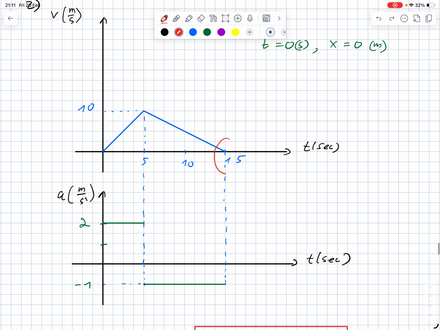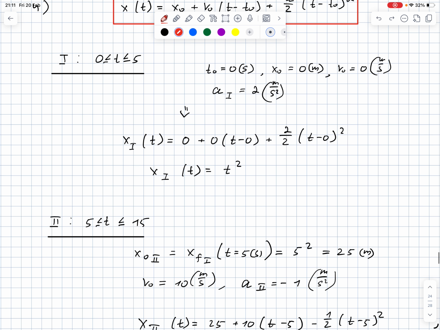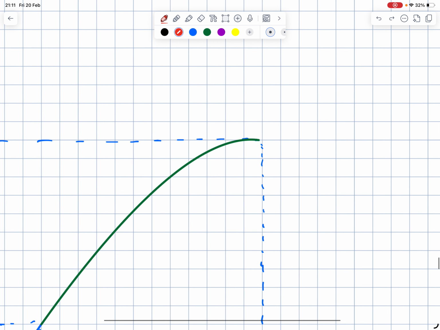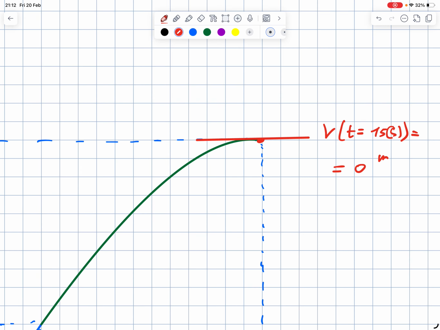Also you can see that the velocity is 0, which means if you go to the graph of f of x of t, then you need to understand that the instantaneous slope, or tangent, should be 0. v when t equals 15 seconds equals 0 meters per second, which means the slope is 0 at this time exactly.